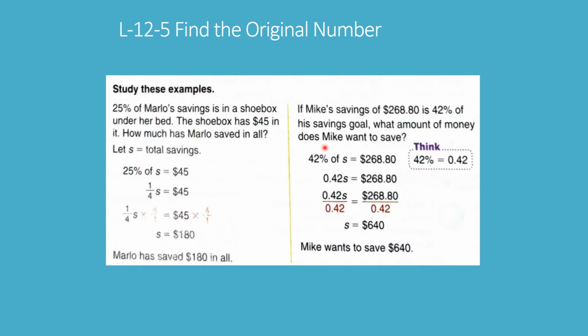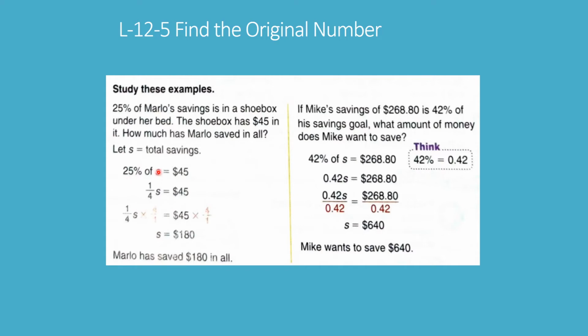These are two more examples. Here you can see 25% rate is given, and what is the percentage? It is 45. Then you can see 25 again and find the total saving. How much has been saved in all? That means total saving, 25% of the base.